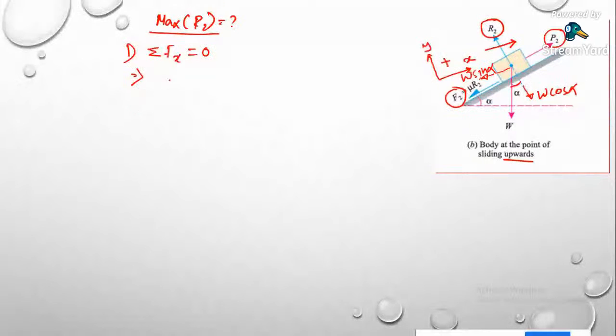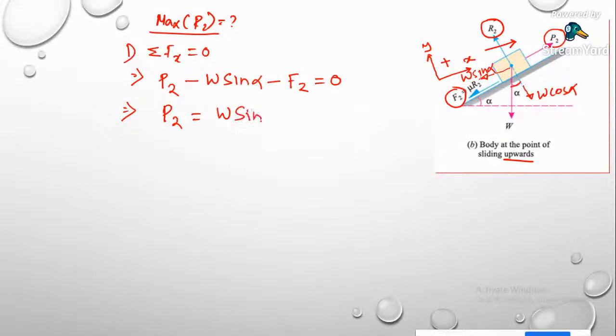This is my positive: P2 minus W sin alpha minus F2, friction 2, will be equal to 0. So P2 we can find out: this is W sin alpha plus F2, and F2 we can write as mu into R2. This is my P2.